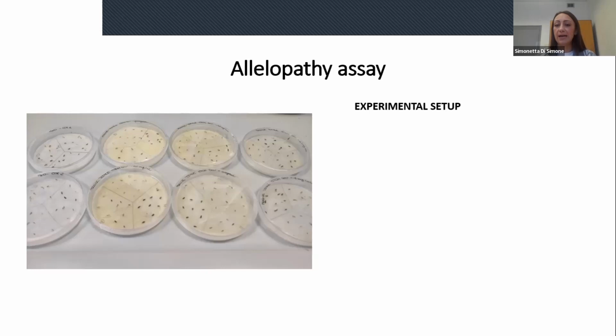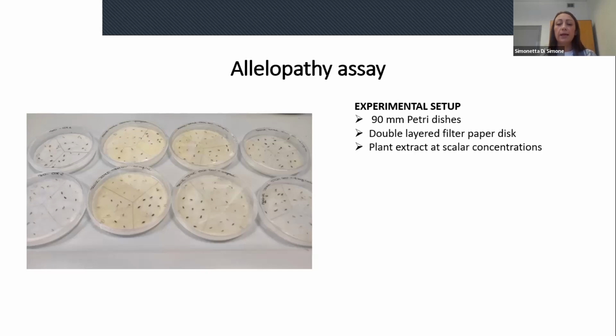So the experimental setup. The assay is conducted in Petri dishes covered with a double-layered filter paper disc. And this disc is previously soaked in the plant extract at a scalar concentration. And distilled water is used as a negative control. So we divide the paper disc, as you can see in the image, in 3 areas.